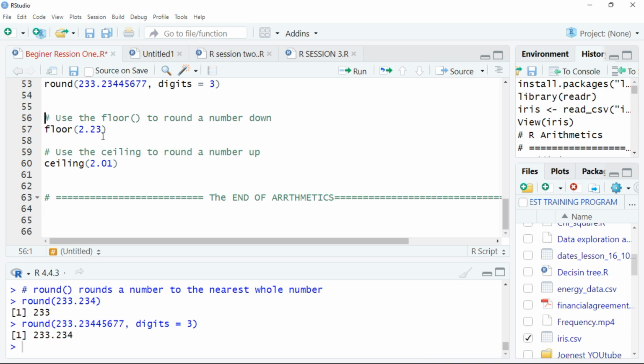Since you are going to round it down, we remove all the decimals and make the number before the decimal place a constant, always. But for the ceiling, you have to add 1, no matter what, even if here is 0.00001. Once you use the ceiling, you add 1 to the 2 to get 3.